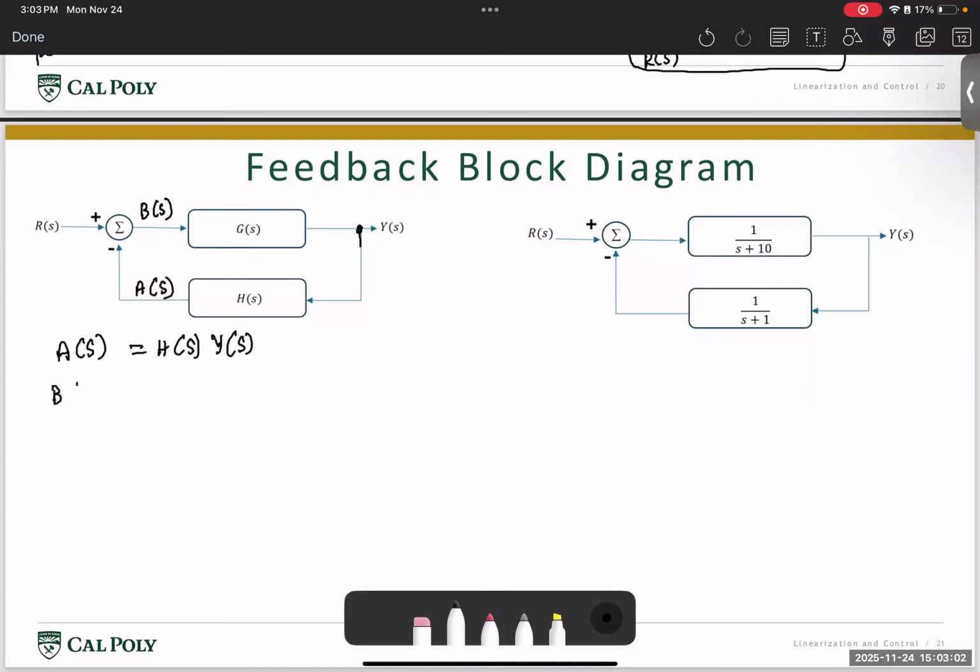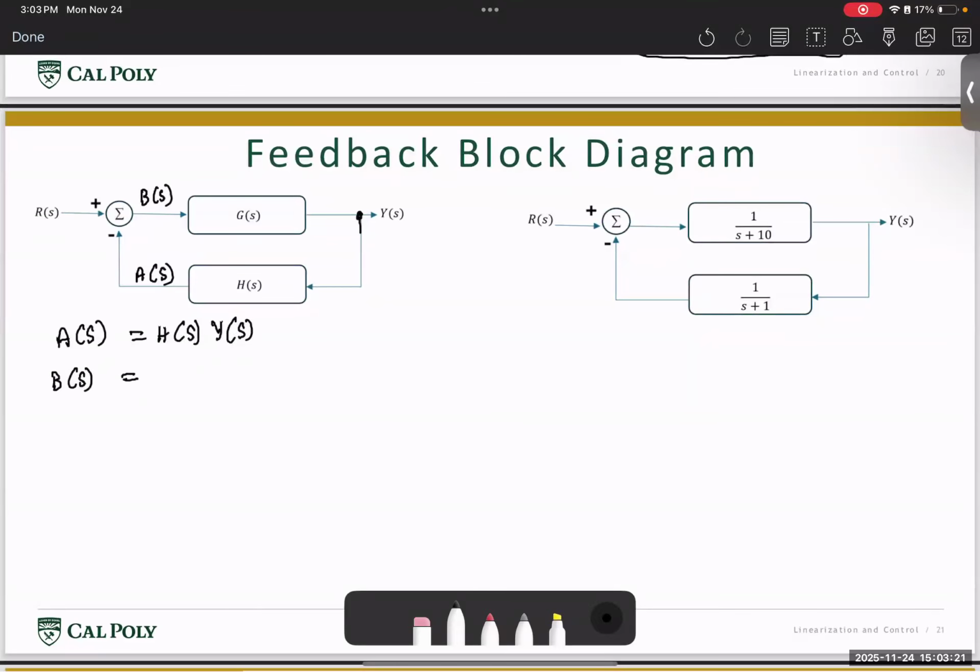And looking at the same block, can I say B of S is nothing but the input signal that goes here, which is the amount of control input that goes into the system?